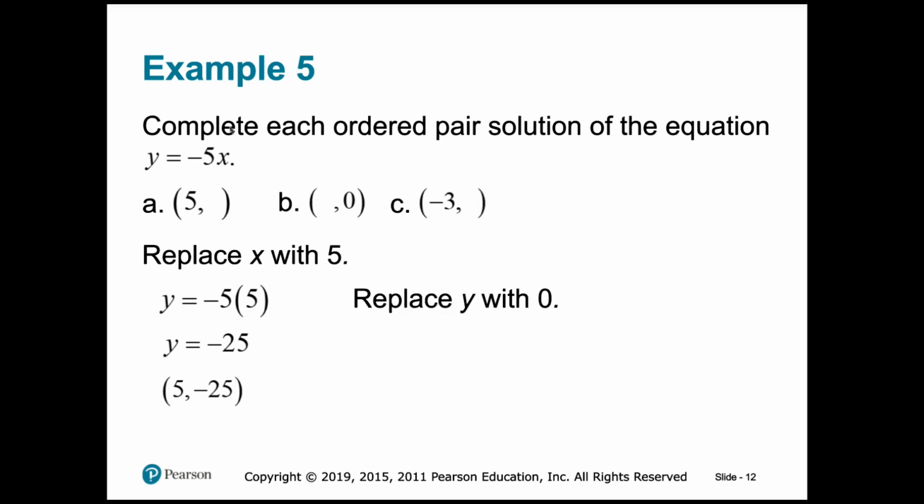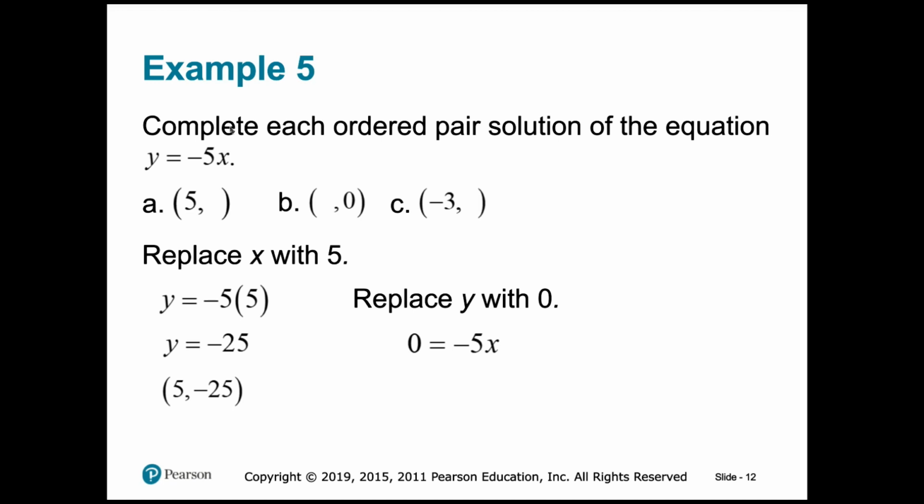Next, we have a 0. Is that 0 replacing x or y? Y. It is our y. So we put that in for our y. And we say 0 equals negative 5 times x. How do I solve that? How do I solve for my missing value? Divide. I have to do the opposite of what's going on right now.